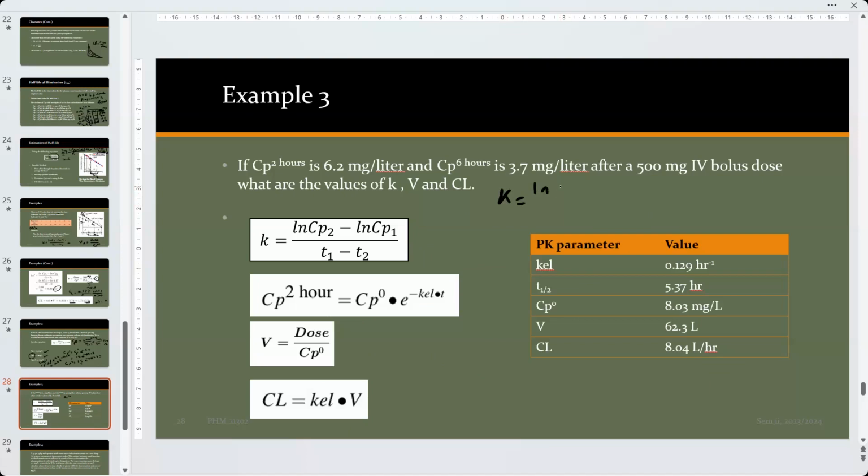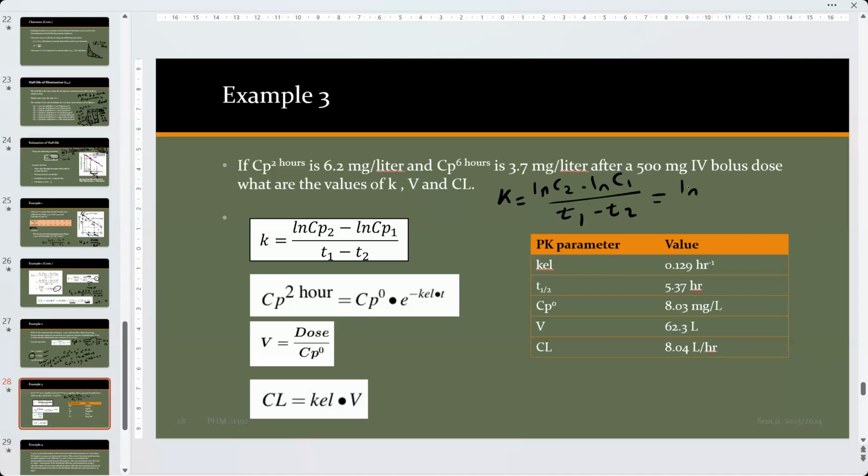ln, we make it easy, ln C2 minus ln C1, or ln C1 divided by C2, divided by T1 minus T2. We reverse 2 minus 1, 1 minus 2 to get the positive value. So ln the first concentration, how much?